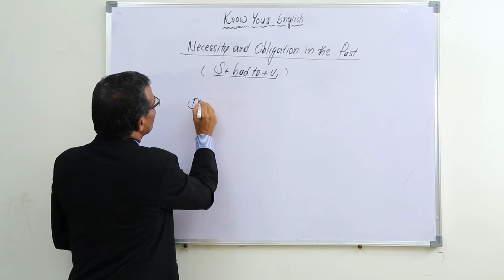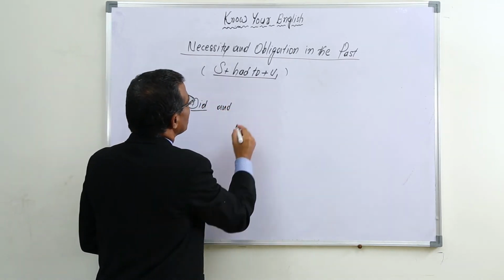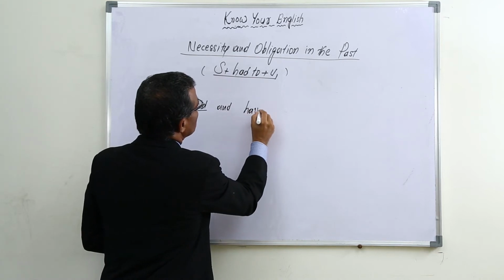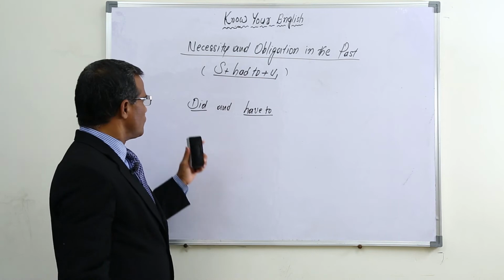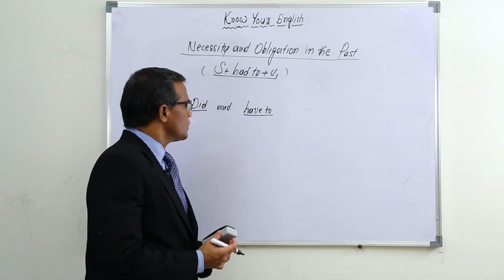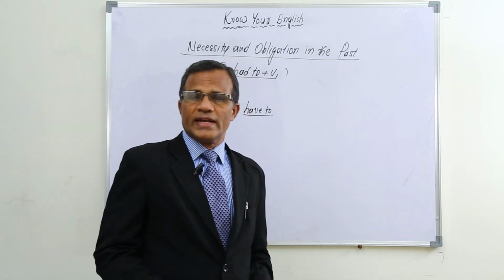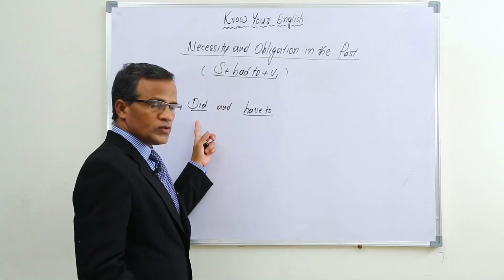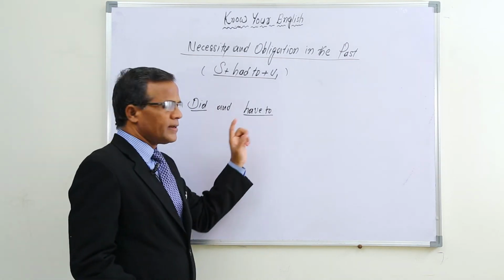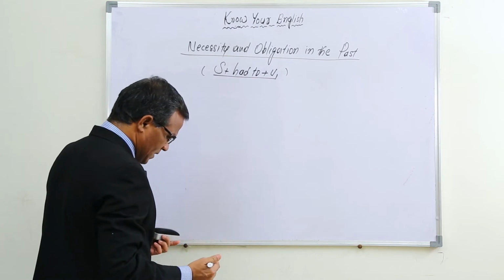Did, we have to take the help of did, and have to. Instead of had to, we have to use have to. Did and have to. So especially for questions in positive sentences and in all negative sentences also, we have to take the helping verb did and have to. So in what way we can frame the questions now?